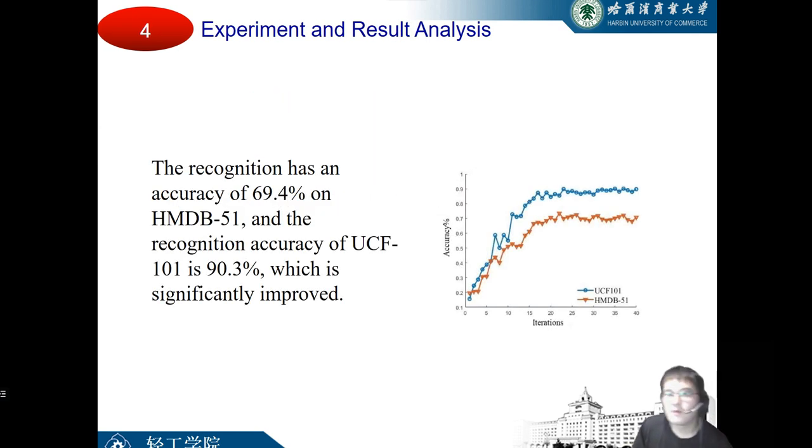Use the OpenPose to decompose the video in HMDB 15.1 and UCF 101 datast into two parts. Space and time. The space is a single frame RGB image, and the time is an optional photo picture.